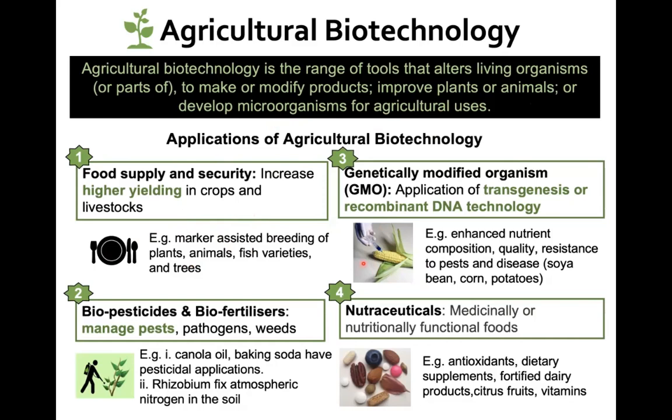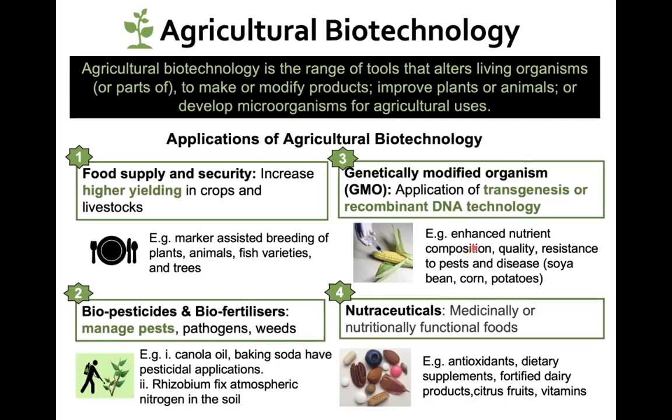Okay, kebanyakan that we know kalau agriculture biotechnology dia akan involve genetically modified organism, sama ada dalam bentuk transgenic ataupun dalam bentuk recombinant DNA technology. Okay, contoh yang kita ada, yang kita tahu sekarang ni kebanyakannya corn, ada tempe kan, ada beans, ada potatoes, macam tomato tadi.